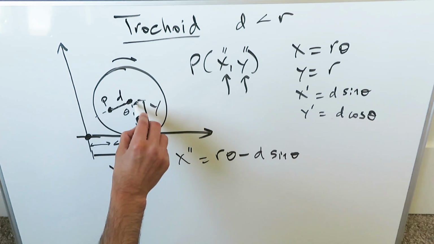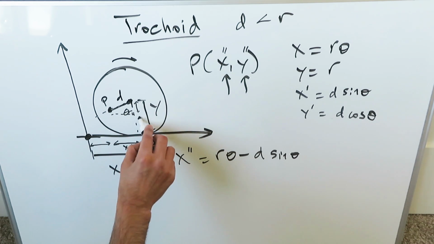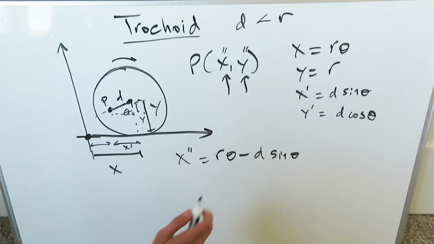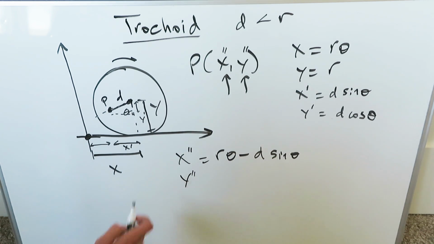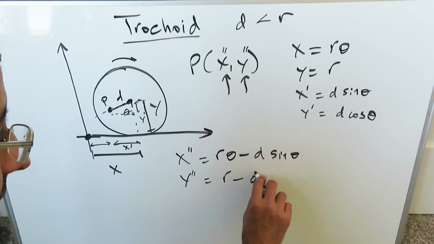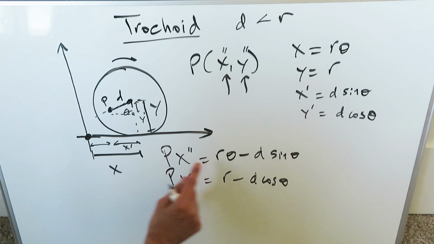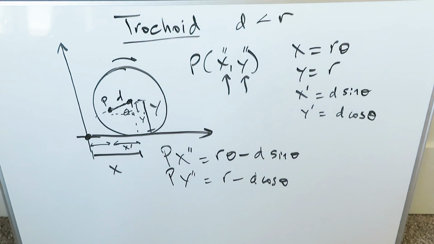Then when I'm looking from here to over here, which was the right triangle we generated, I have my y prime. So y double prime is the difference of those two, which will give you the y value of your point P, and it will be equal to r minus d cosine theta. The parametric equation for the x value of your point P is r theta minus d sine theta. For the y value of your point P, it's r minus d cosine theta, and we're done.